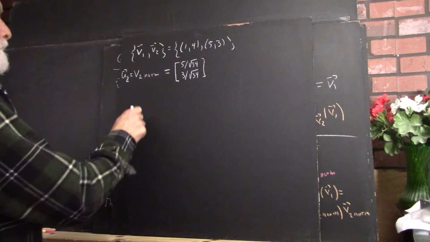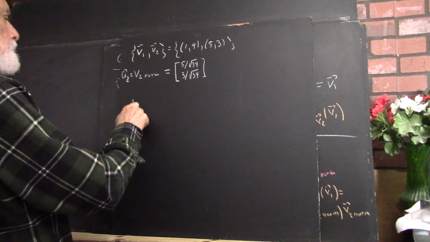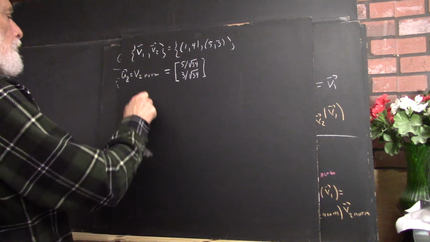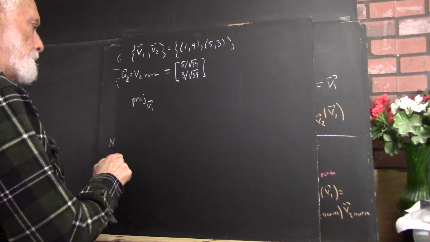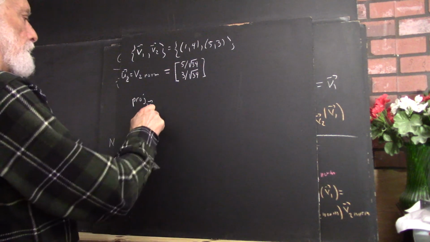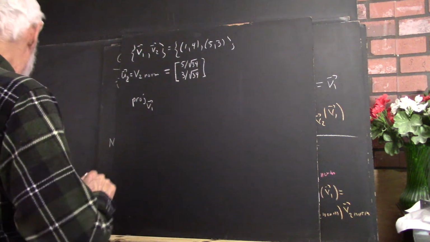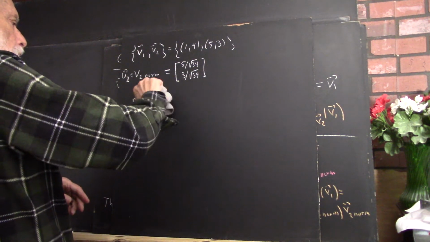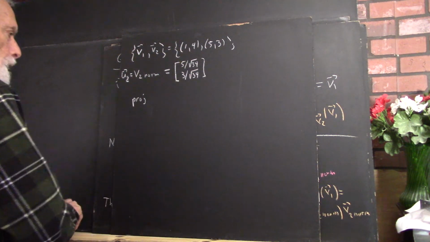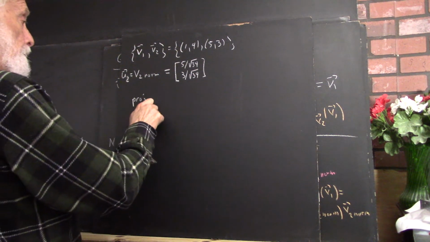Then, projection of V1, projection onto, and I'm not going to call it V2 norm, I'm going to call it U2 now.